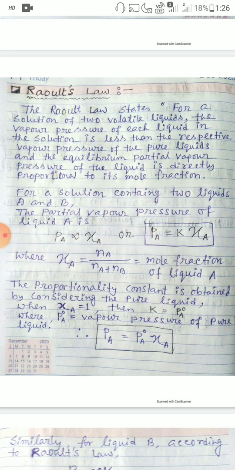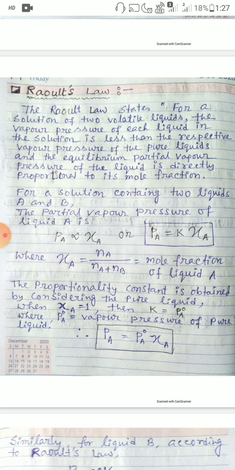As they can pass easily to the vapor state, they have some vapor pressure. You have to remember this one, and vapor pressure is represented by P. So Raoult's law deals with the solution of volatile liquids.